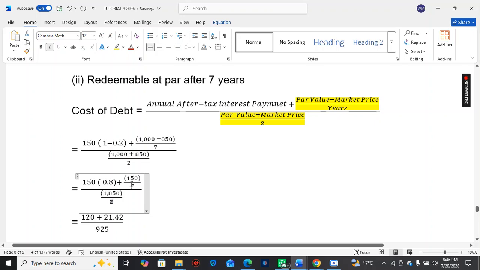Here is divided by 7. So you're going to say 150 divided by 7, 21.42. 150 times 0.8, 120. 1850 divided by 2, 925.